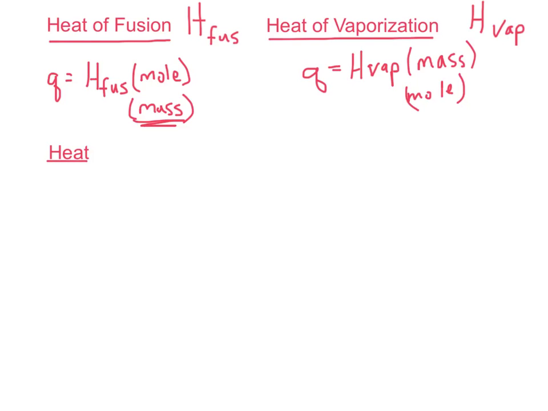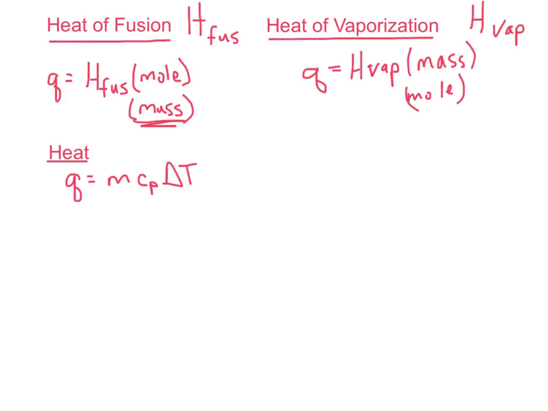We also have just the regular heat, which was the mass times the specific heat times the change in temperature. We use this in lab. This is a point at which you're heating a solid or you're heating a liquid. That's how much energy it takes. So you need to be able to throw into any of these three equations and get an answer. But you need to know which one you've got.